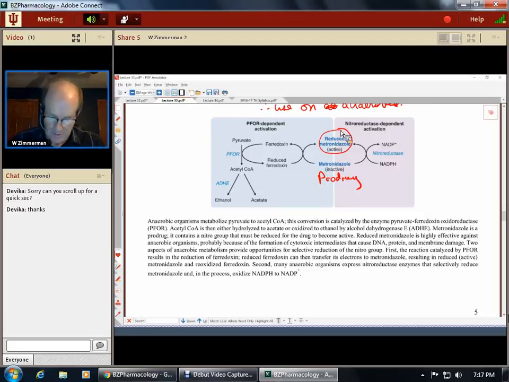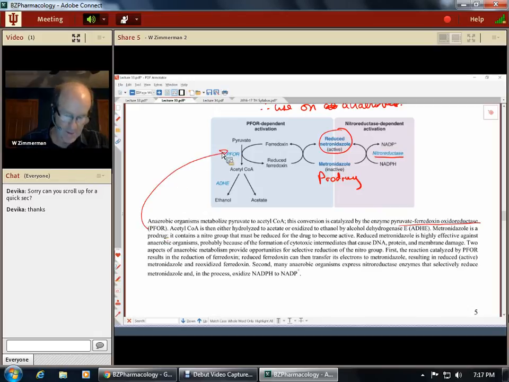Sometimes it gets reduced by nitroreductase and NADPH. Other times, there's this enzyme, pyruvate ferredoxin oxidoreductase, PFOR, that's oxidizing pyruvate to acetyl-CoA, so it reduces the ferredoxin. With that, we get this reduced ferredoxin that can then be used to activate the metronidazole.